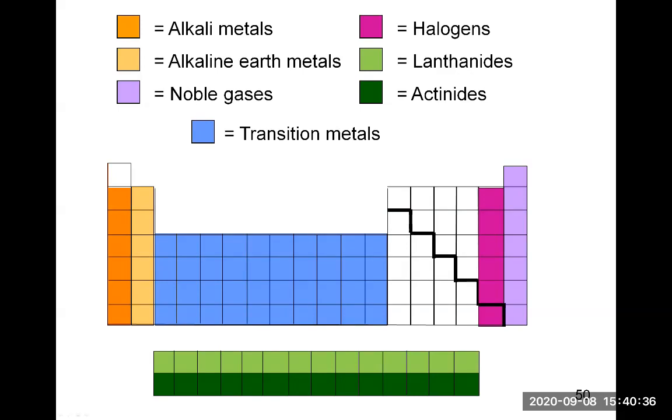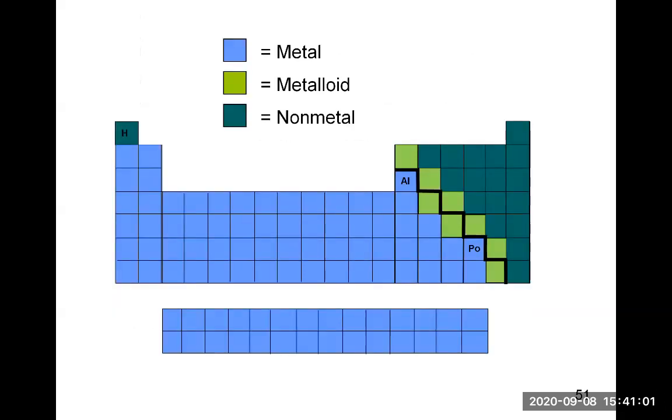And then those inner transition elements, the 2 rows at the bottom of the main periodic table, are divided into rows, and the first row is the lanthanides and the second row is the actinides. So you need to learn these names so that if we talk about them, you know what we are talking about.